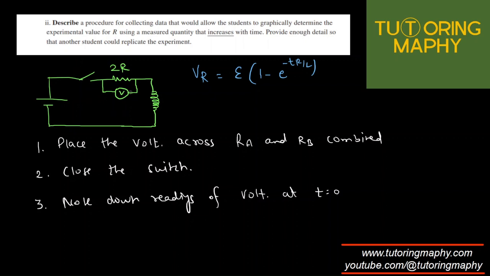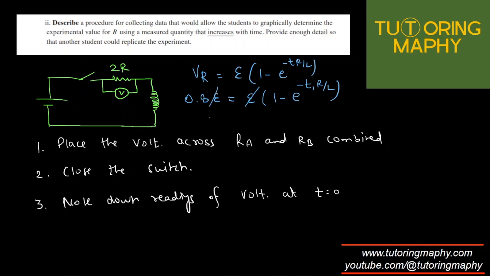So maybe we can measure the voltage, and this is increasing with time. So maybe we can wait for a couple of minutes and measure when the voltage reaches 80% of EMF, because if it reaches 80%, this will become 0.8. And whatever the time is, let's call it T1.